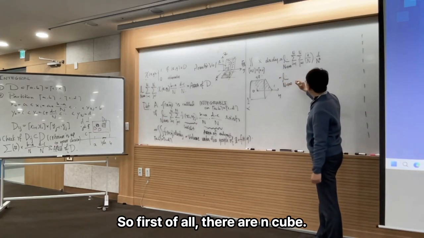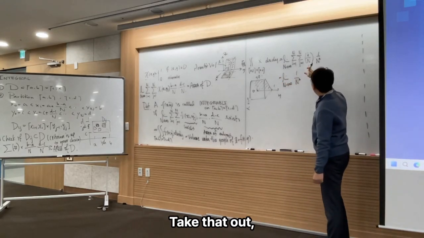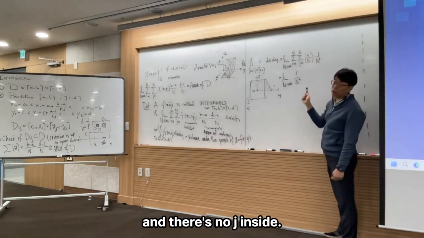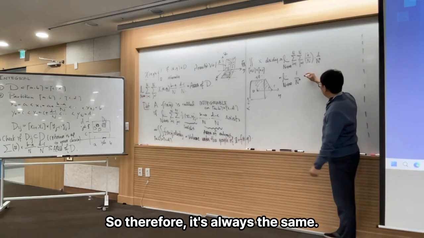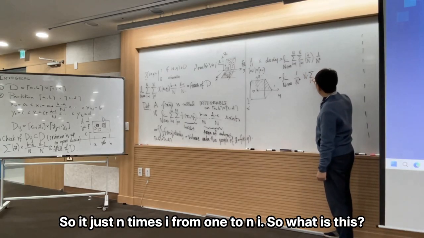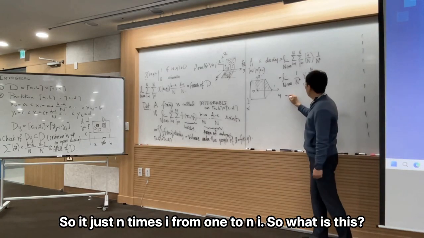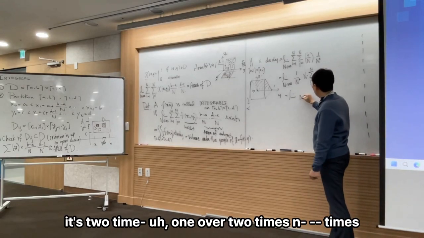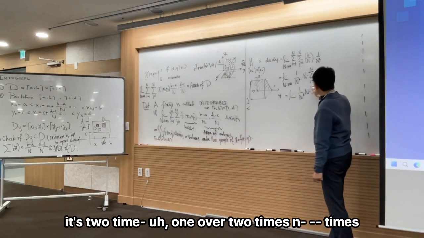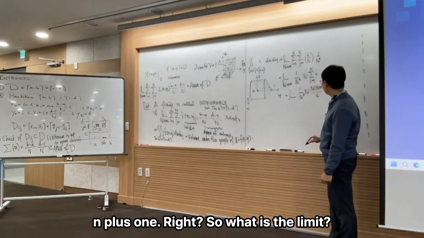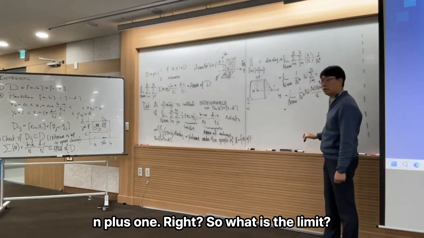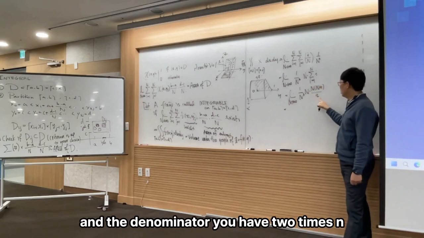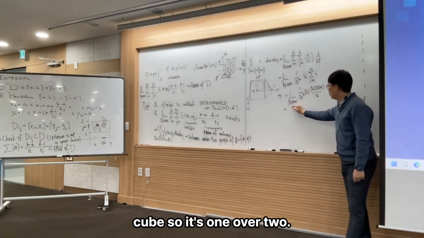First of all, there are n cubed in the denominator, take that out, and we have the sum over j, and there's no j inside, so it's always the same. So it's just n times the sum of i from 1 to n. If you take the sum of 1 to n, it's 1 over 2 times n times n plus 1, right? So what is the limit? In the numerator you have n cubed, and in the denominator you have 2 times n cubed. So it's 1 over 2.